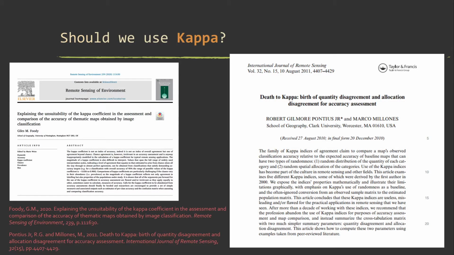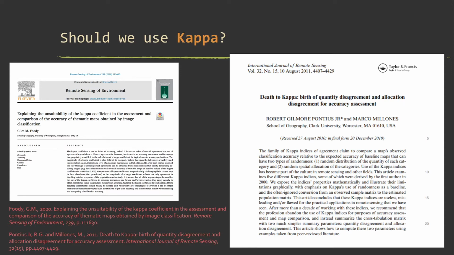Okay, so a note about kappa. In the field of remote sensing, there have been a lot of critiques of its use. I don't want to get into all the nuts and bolts about why it's been suggested that we not use this metric anymore, but I agree, and I would suggest not calculating and using the kappa statistic in analyses. I don't think it really adds any information over overall accuracy. It can be a bit misleading.